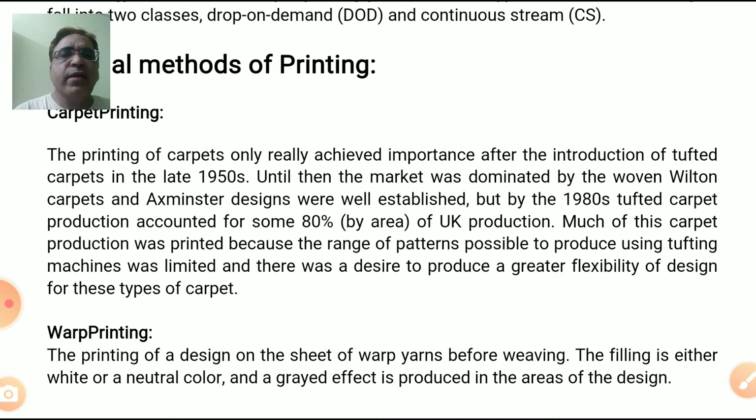So the method is the same, but the only thing is here the material is of special quality. Carpet is a very heavy item. So that is why it has been mentioned as a special method of printing.